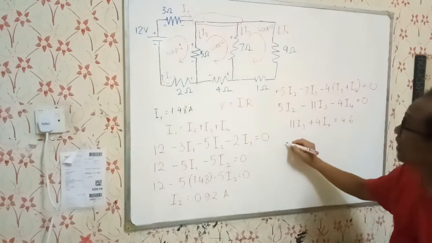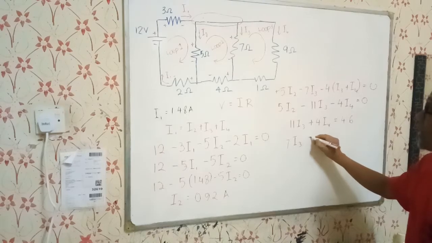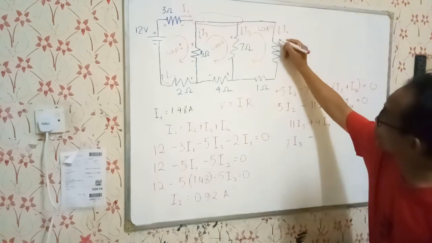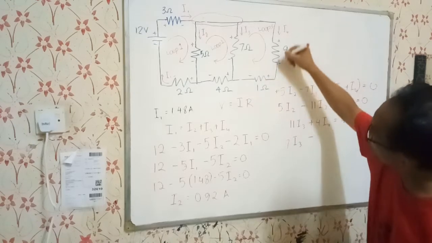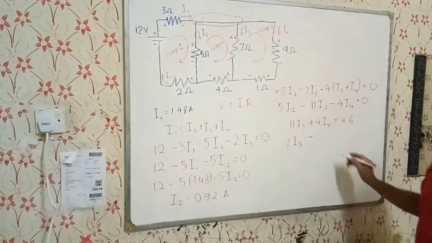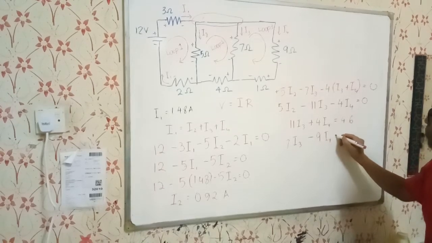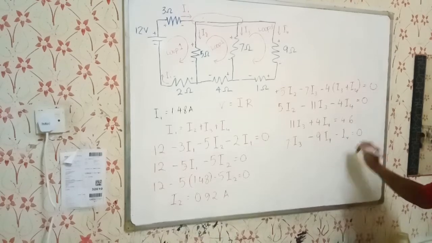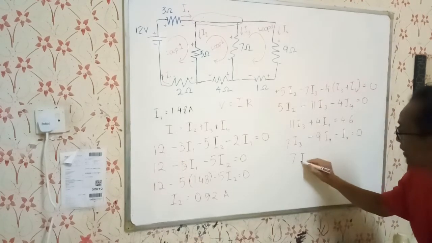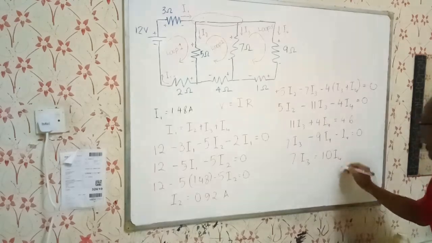So it will be 7I3 minus, this one is going to be plus minus because the current will flow that way, minus 9I4 minus 1I4, so just I4, equal to 0. So 7I3 equal to 10I4.